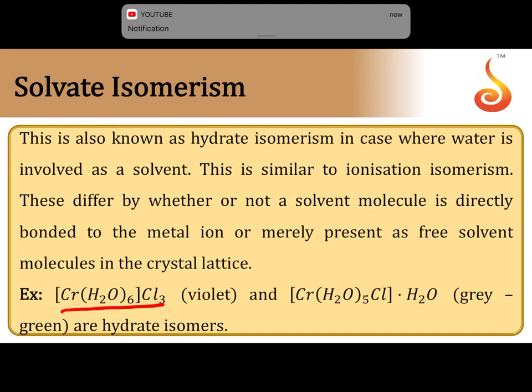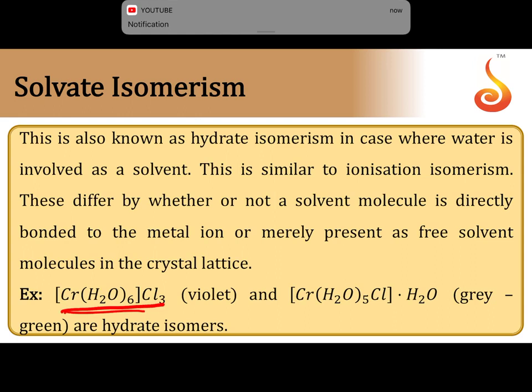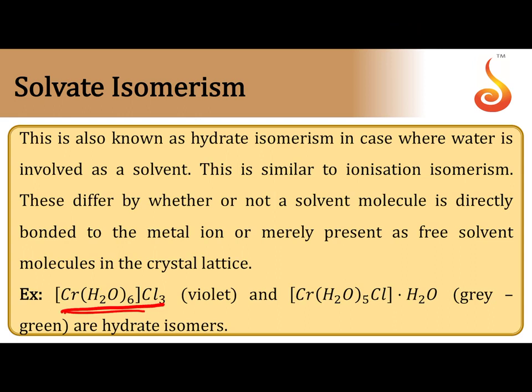Next, solvate isomerism. If H2O molecules are present in the complex, that exhibits solvate isomerism. In the first compound, there is no hydrate in the interstitial sites of the complex, but in the second one, there is one hydrate molecule. So these 2 complexes differ in the number of hydrate molecules present in the interstitial sites.